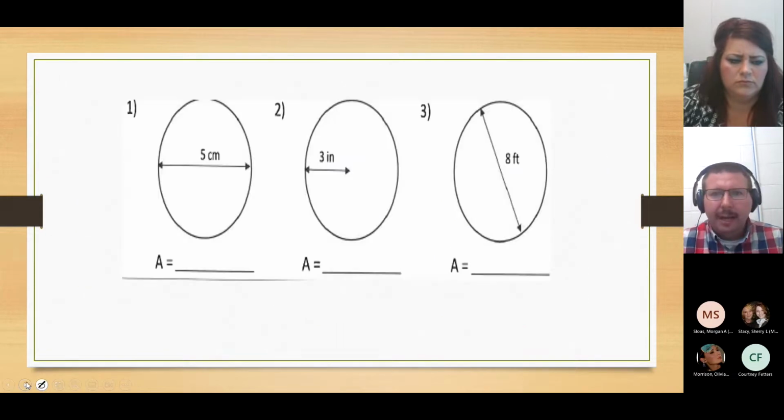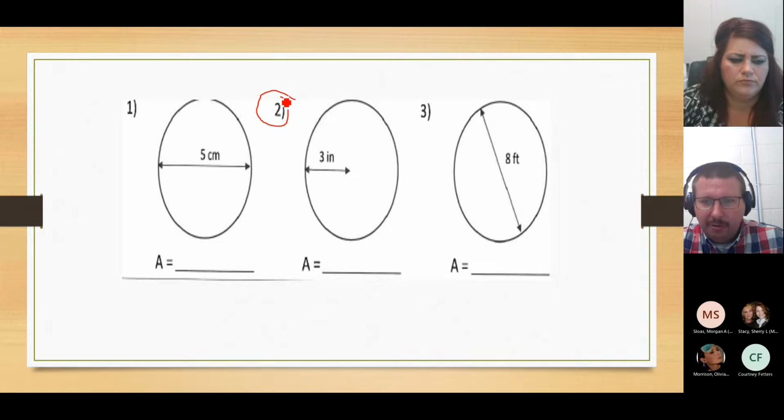So let's look at number 2 for a second. I gave you the radius, looks like it, of 3. So to find the area in your calculator, you would hit pi, hit your 3, and then your 2 up in the air is right beside your 7.